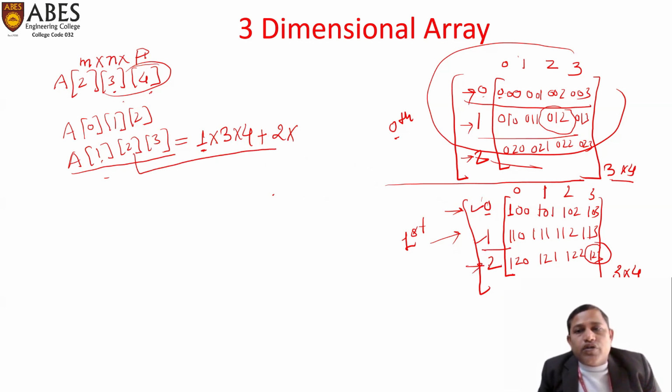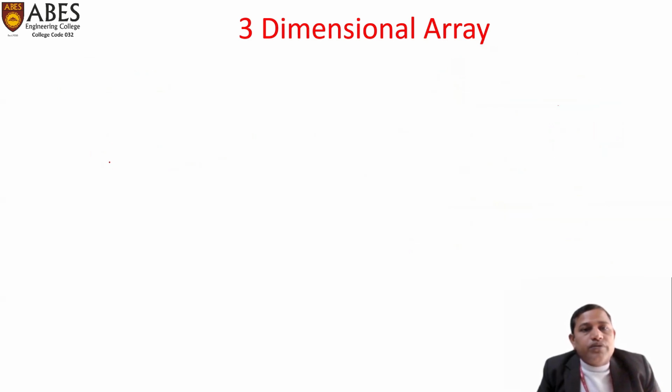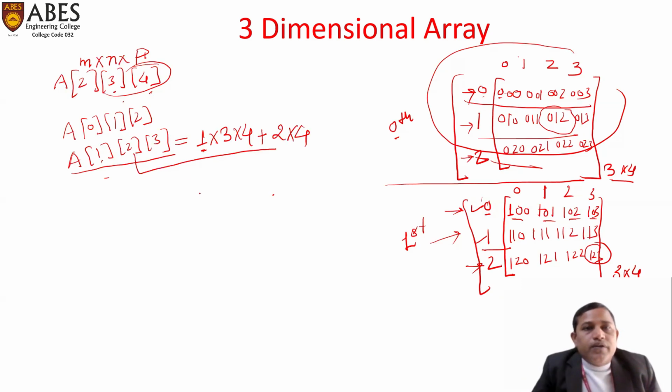Each row contains 4 elements, so 2 into 4.